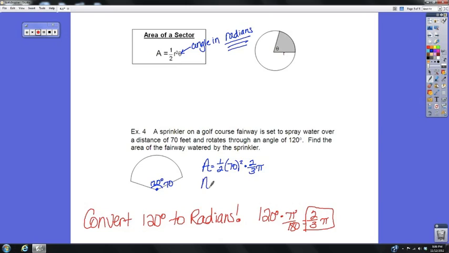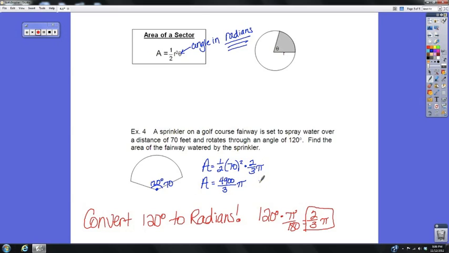Now, let's simplify this as much as we can and then we'll type it in the calculator. If I do 1/2 times 70 squared times 2/3 pi, that's going to turn out to be 4,900 over 3 pi.